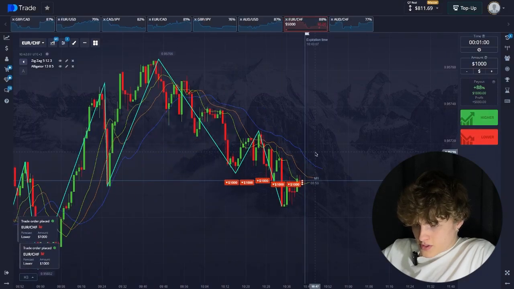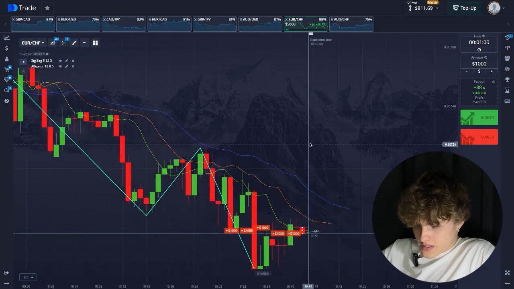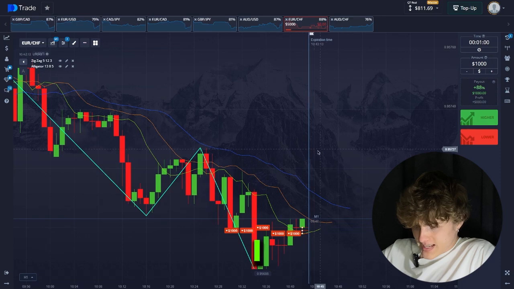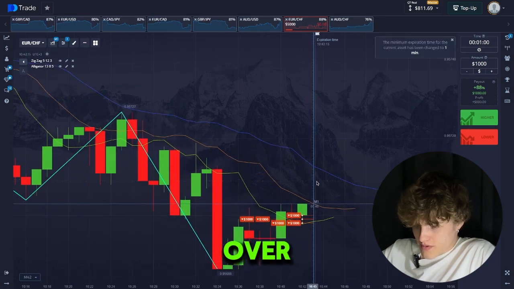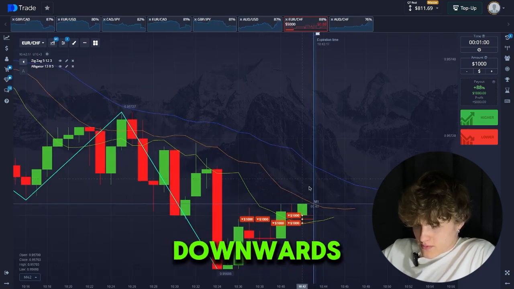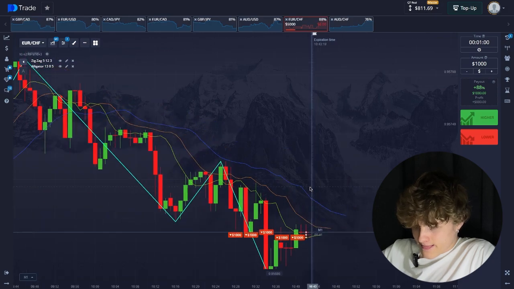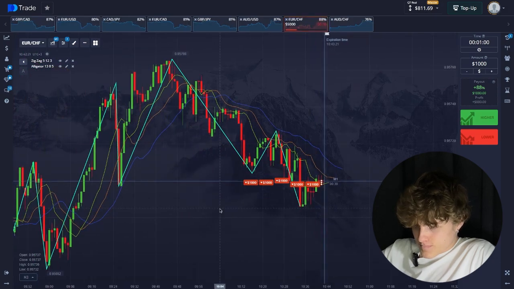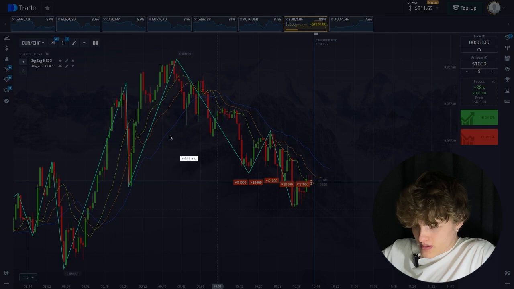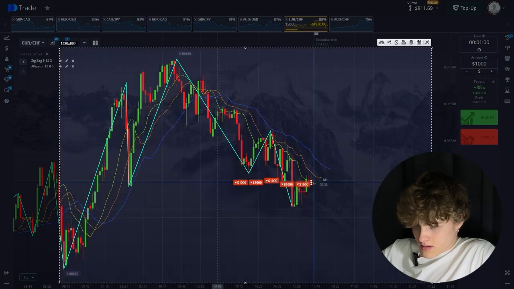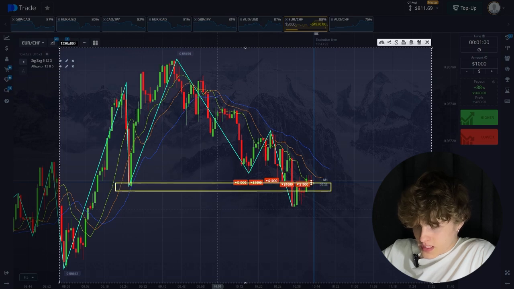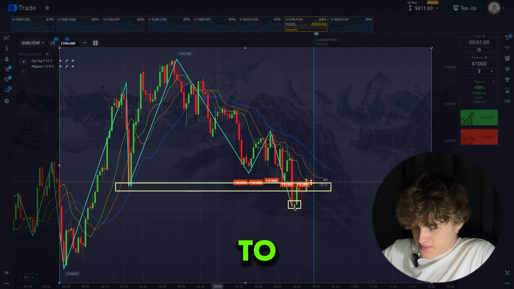Here again I will open a trade on the downside in the direction of the downward dynamics. I think the price pullback should be over and we should go downwards, as I said. The area has been broken. The support area has also been formed. A new local minimum has been formed too.